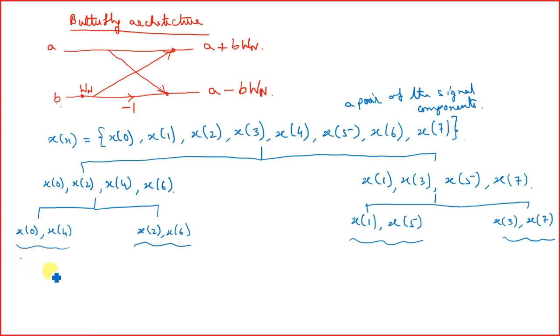So in the DIT FFT, the signal order in this decimated form is present in the time domain. Frequency domain is in normal order.